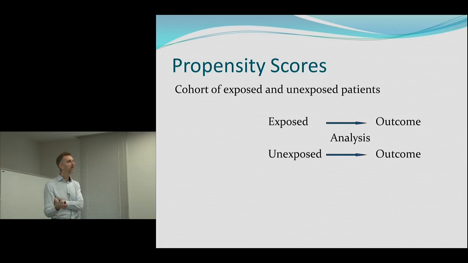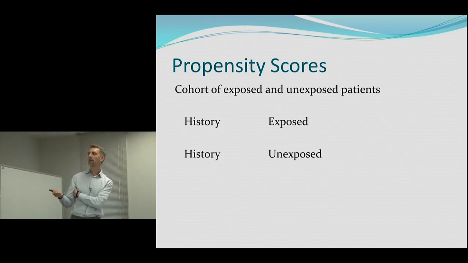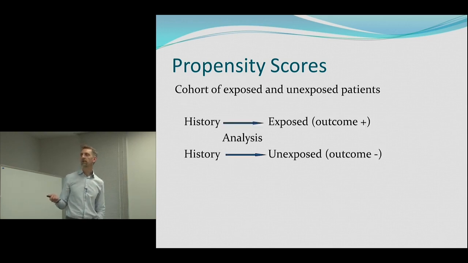But to use a propensity score, we start off by ignoring this bit. And instead, we look back in the patient's medical history. And we look for the association between having the exposure and various things in your medical history.